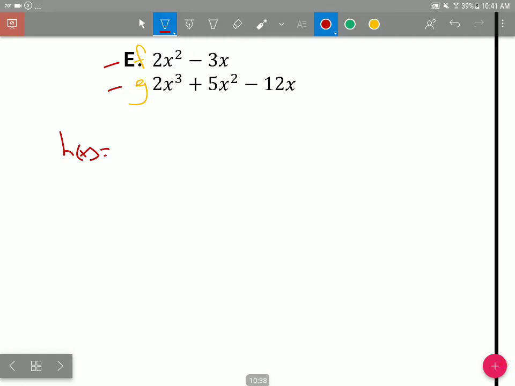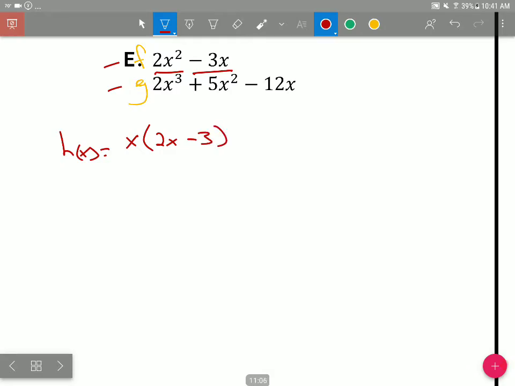Yeah, they both have x's. This one has how many? 2. This one has how many? 1. So how many x's can I divide out of those? 1. So we'll pull out an x. 2x squared divided by x is 2x. Good. Negative 3x divided by x is negative 3.